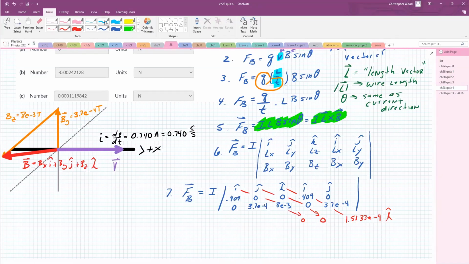What about the cross operation? I've got to come back this way. k hat times 0 is equal to 0. i hat times 0 times something, that's 0. Then I have j hat times this number, that's not equal to 0. So I've got to start off with a negative, like it or not: negative 0.409 times 8E minus 3, and that's my j hat component.